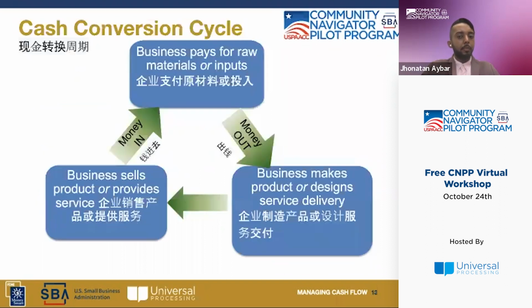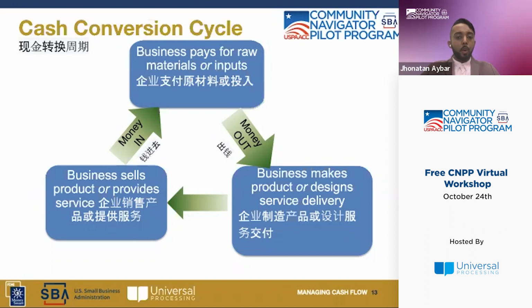And this is for us to have a quick idea of the money that is put into the system, that is transformed into services and products, and for us to provide products and services. And then that allows us to convert those particular assets into money back into the system. And this is the cash conversion cycle.